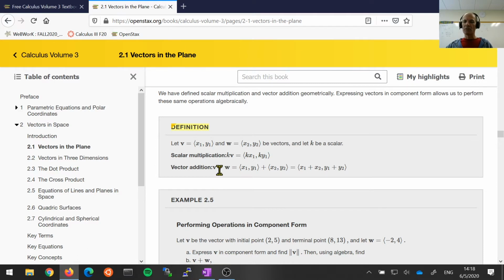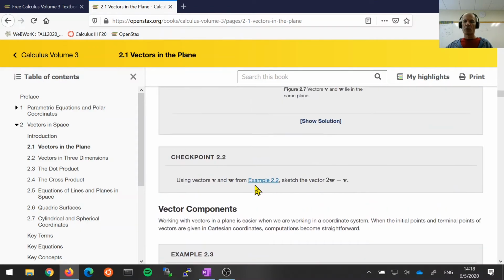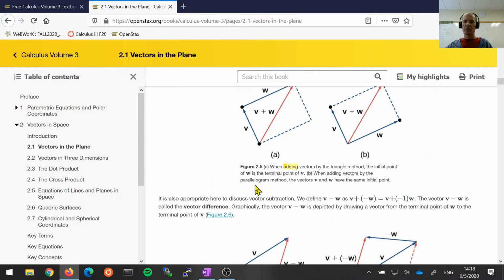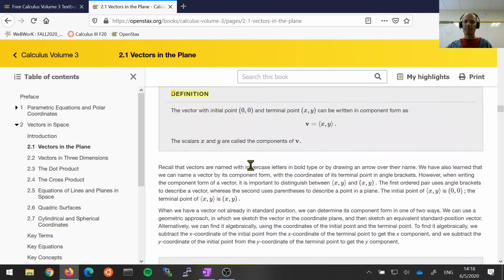Similarly, vector addition, it's so convenient for us, is really just the component-wise addition of the two vectors, x1 plus x2, comma, y1 plus y2. And this very simple calculation is perfectly equivalent to this arrow metaphor. Really, really handy.